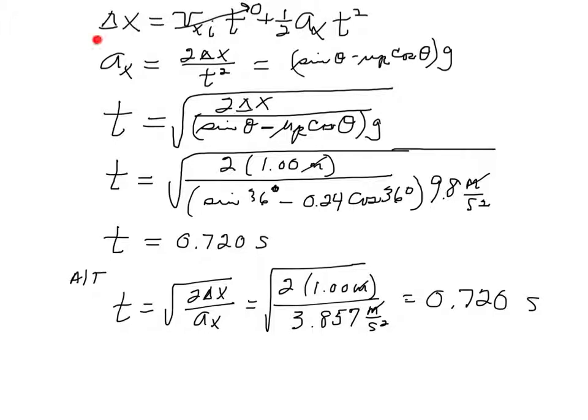We used this equation, as we often do in lab, to relate the acceleration to the distance and the time. And so doing the algebra, I get this equation. And given that I already have the acceleration from the other page, I could just come down here and write it out this way and get the time.